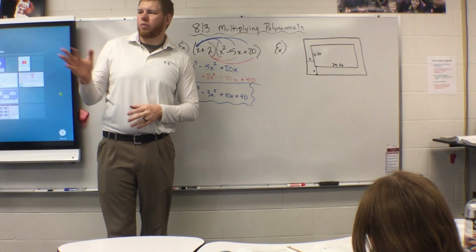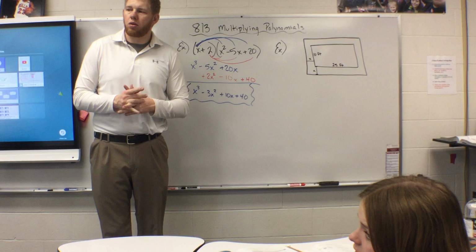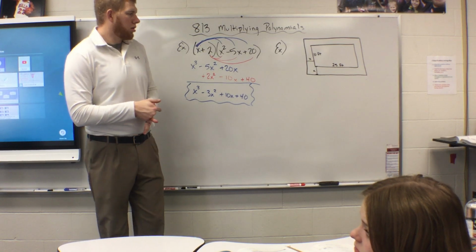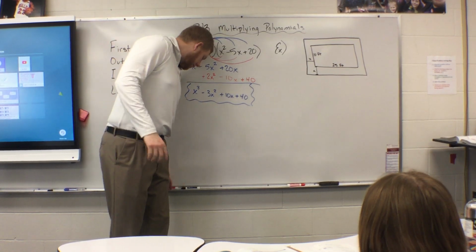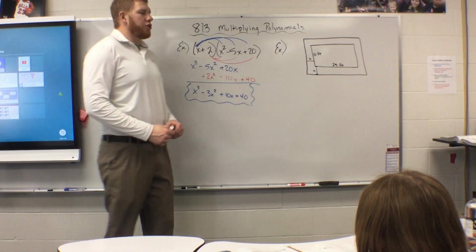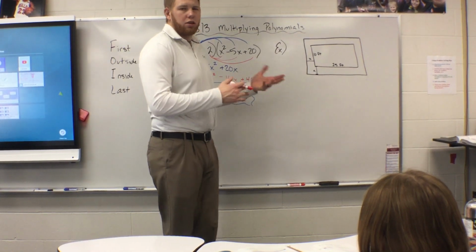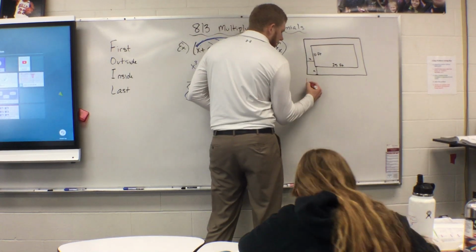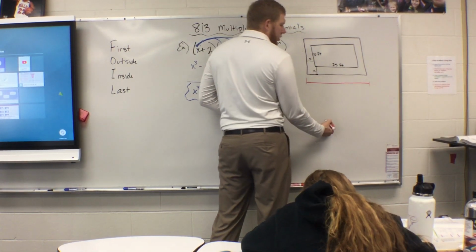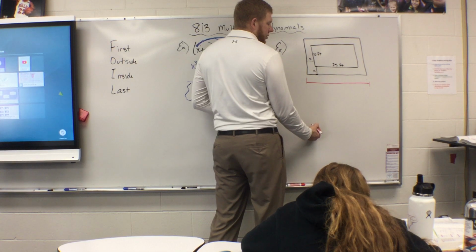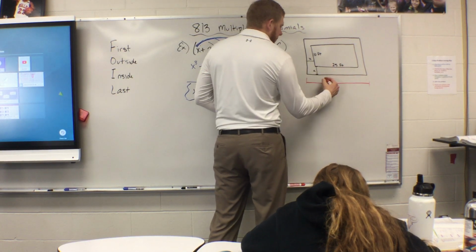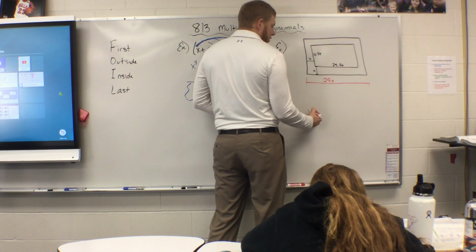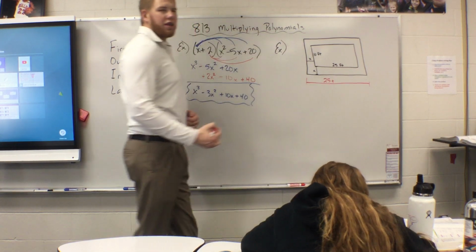Can you do like x plus 10 in parentheses and then x plus 25? Exactly. Okay. So again, all we're doing here, what's the area of a rectangle? Length times width, right? Well, what is this length here? 25 plus x. Close. I like the 25 plus x.